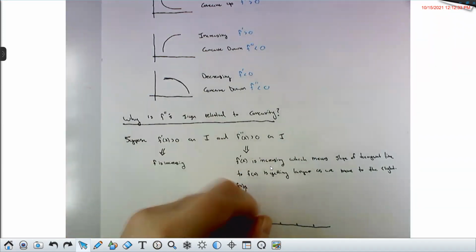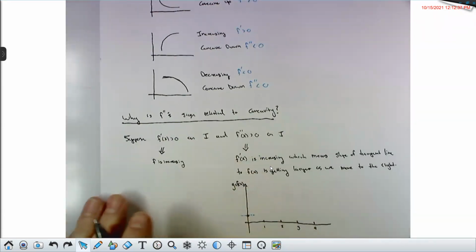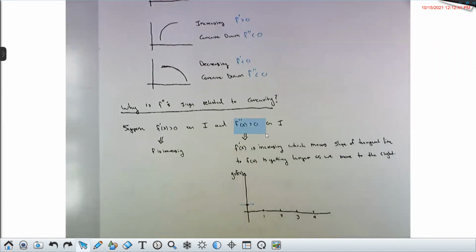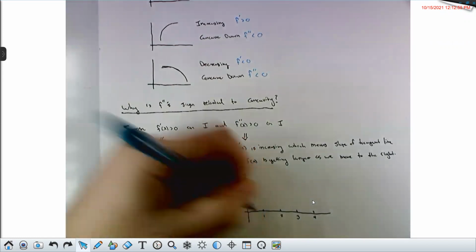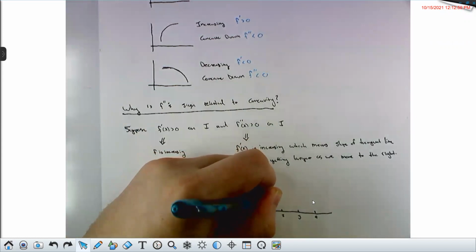I'll mark these as 1, 2, 3, 4. If f double prime is positive, that means f prime is increasing, which means as I go left to right, the slope of the tangent line must be increasing. So my next tangent line has to have a larger slope. So maybe something like this.